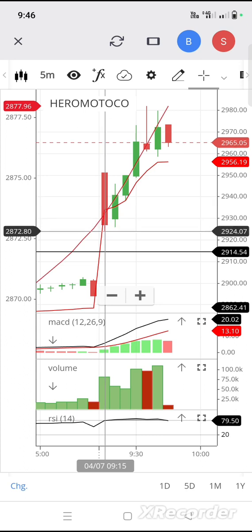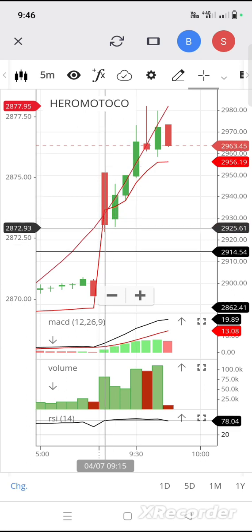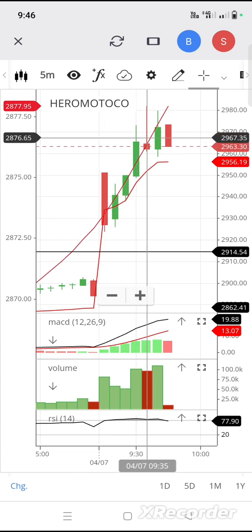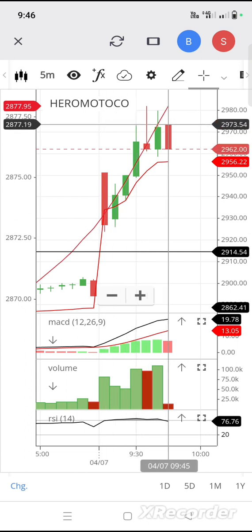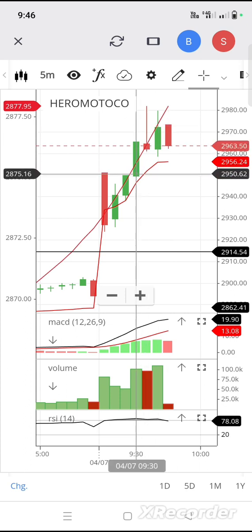So went down till 2923, but it didn't fill its gap. But again, the trend has reversed from here to here. So again, we will wait for some time whether it breaks its open price. We'll wait for breaking open.